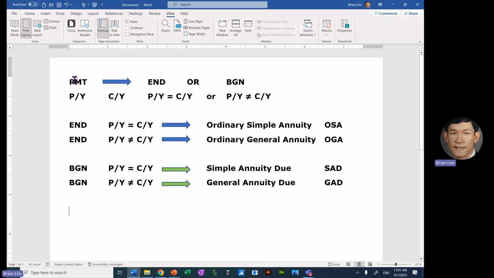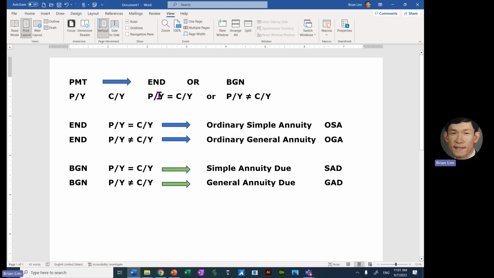The payment was zero. Now we have periodic payments such as monthly, weekly, quarterly, semi-annually, or whatever might be the case. So there are payments at regular intervals, right?